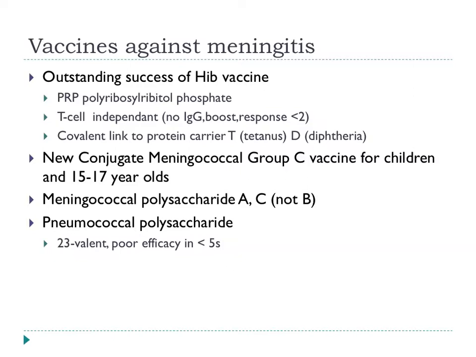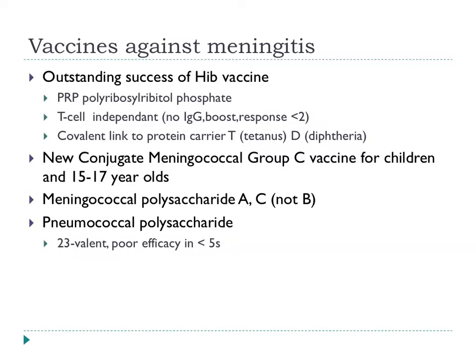About 10 years ago, a new conjugate meningococcal group C vaccine was brought in, and I would hope that everyone in this room has had that vaccine as well. That targeted the group C meningococci, which accounted for about 40–50% of meningitis before the vaccine was brought in.